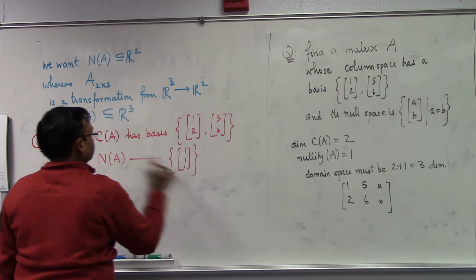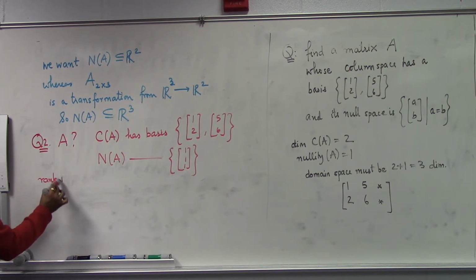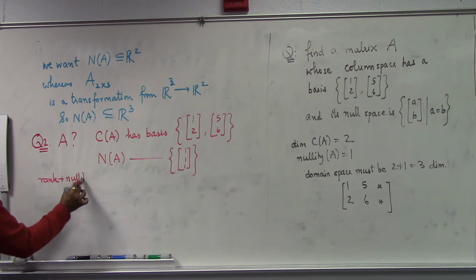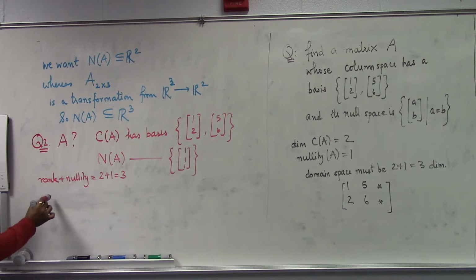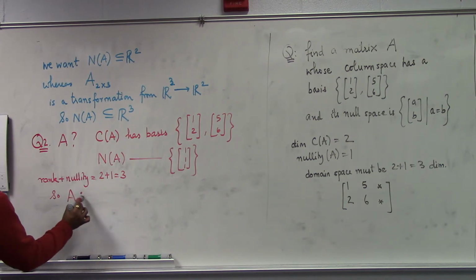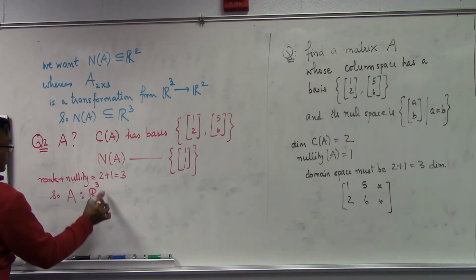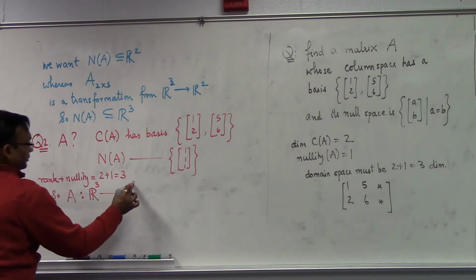Is it possible? Again, rank plus nullity is 3. So A must be a linear transformation from R3 to R2.